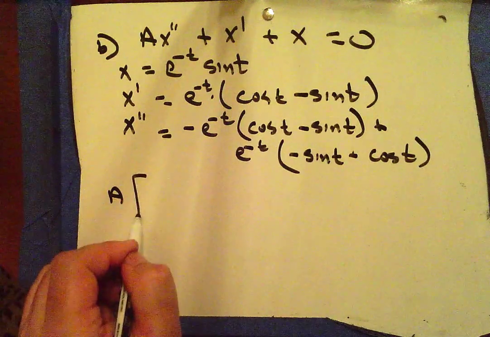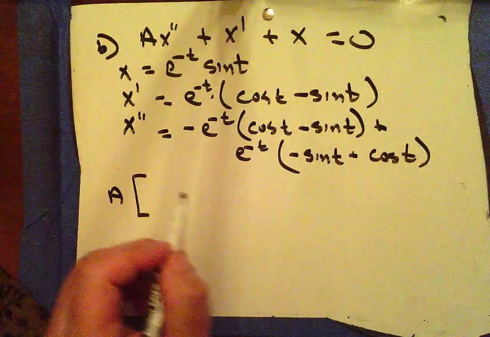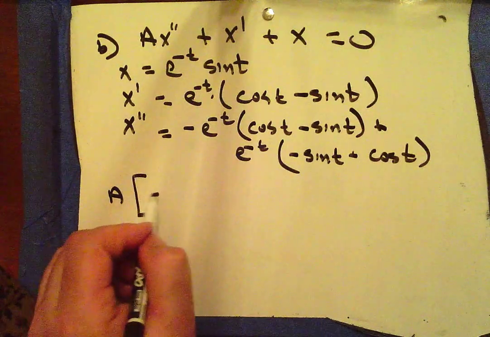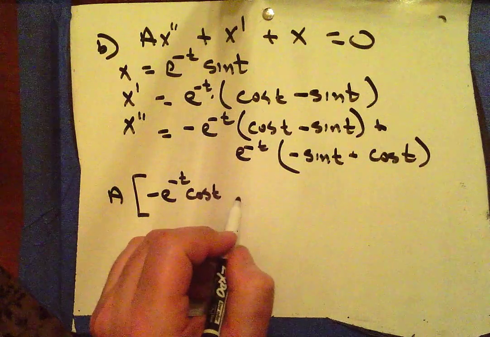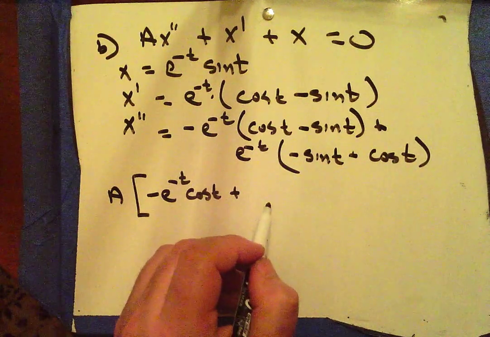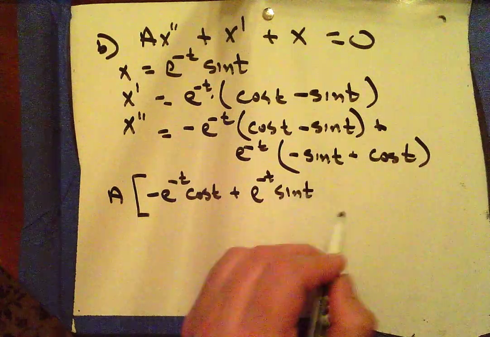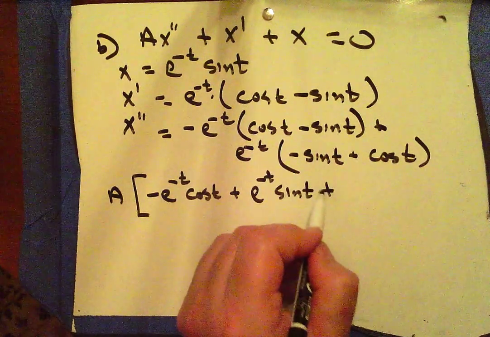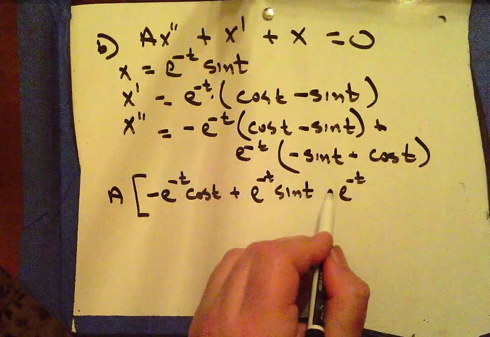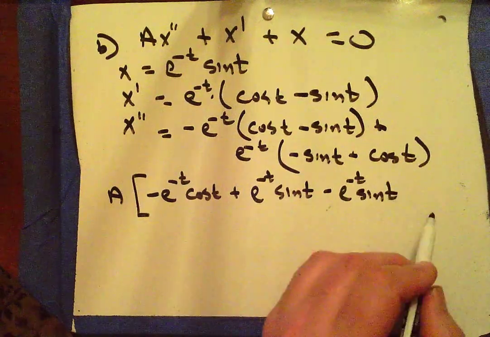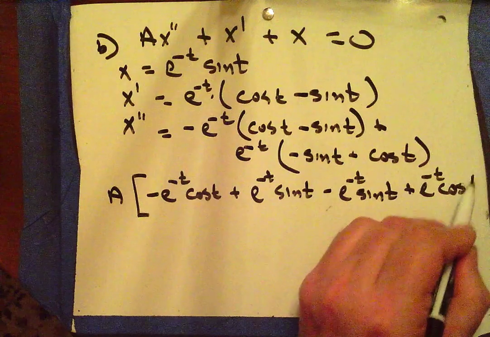So let's see what we can build. A times, I'm going to distribute and see if there's any like terms to combine. Negative e to the negative t cosine t plus e to the negative t sine t plus e to the negative t, negative sign, so that's minus sine t plus e to the negative t cosine t.